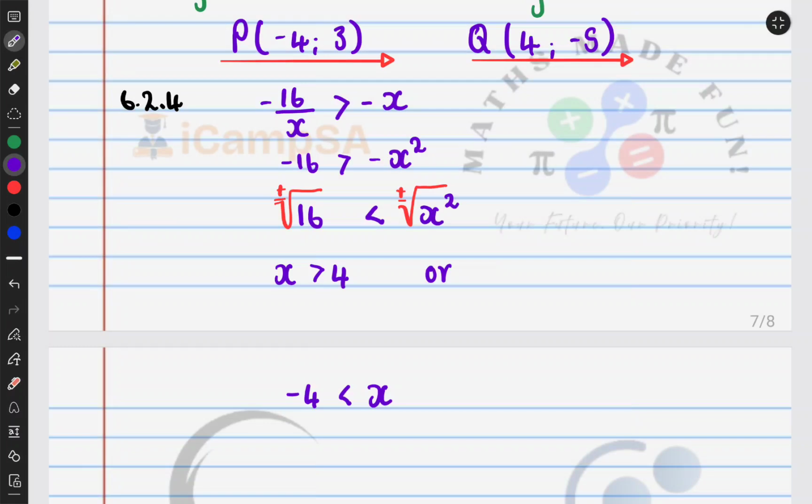Let's see, negative 5 squared will give us 25, which will be greater than 16. Negative 3 squared is going to be 9.